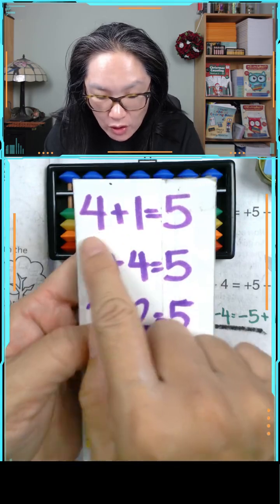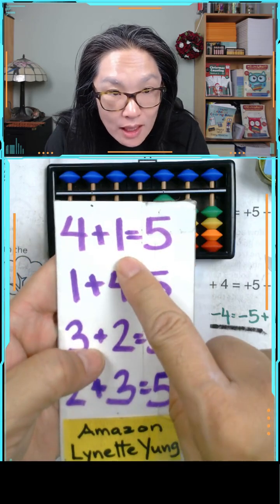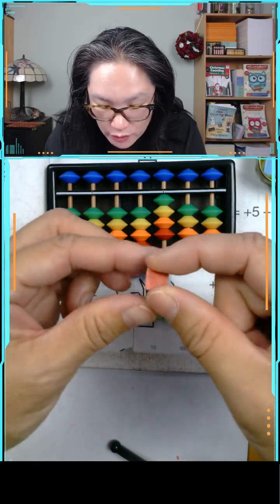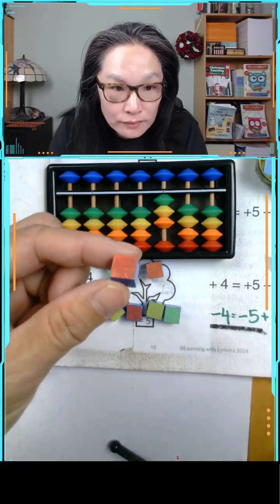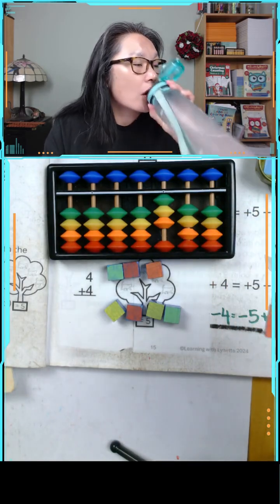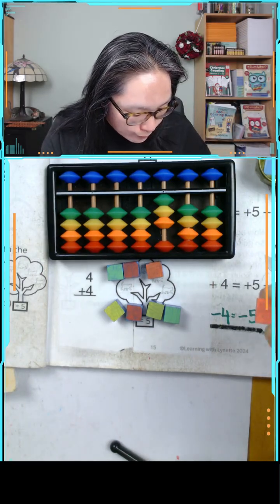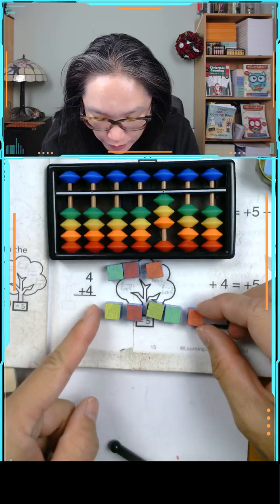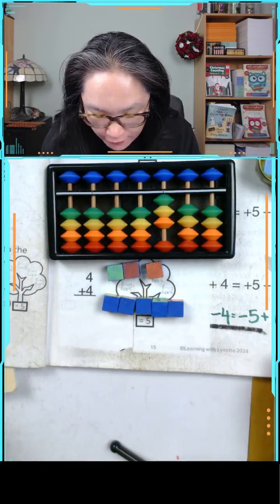Why? Because I know 4 plus 1 is equal to 5. That 1 has to come from somewhere, and it comes from the previous number. So you take away 1 from here. You give away 1, and I'm going to add it and regroup at a smaller level. This now is regrouped to make a 5.